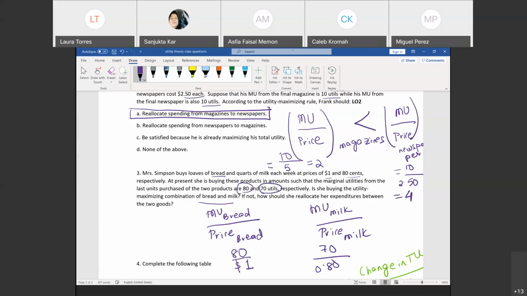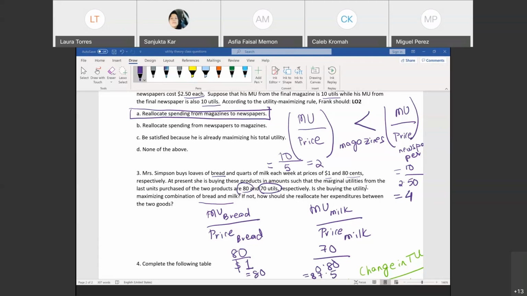So I have to do these calculations. This one is equal to 80. The next one is 70 over 0.8, which is 87.5. Which one would Mrs. Simpson buy?